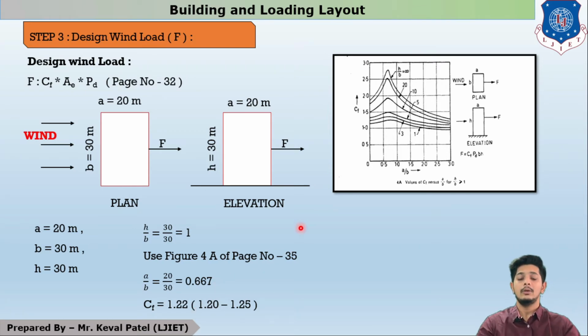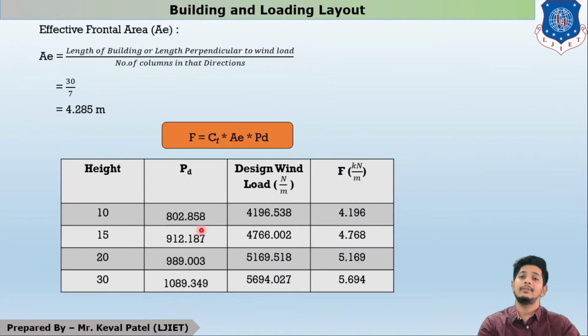Let us move further. After getting CF, I will move to AE. Now what is AE? As explained in previous videos, effective frontal area. It is nothing but a ratio, and from the ratio I will get the area. Now how to calculate that? Length of building, or length perpendicular to the wind load, will be 30 meter in the plan, and the number of columns in that direction.